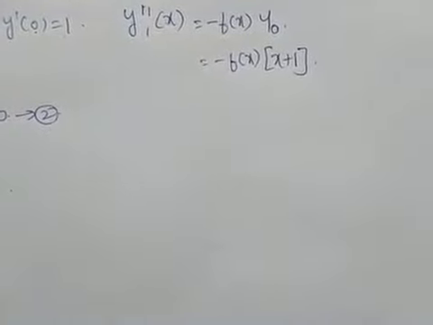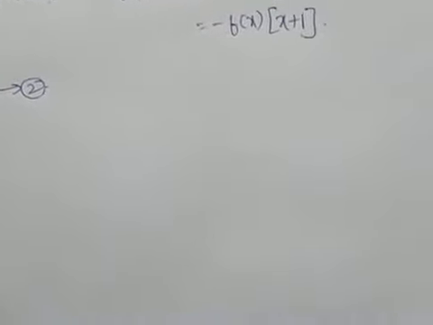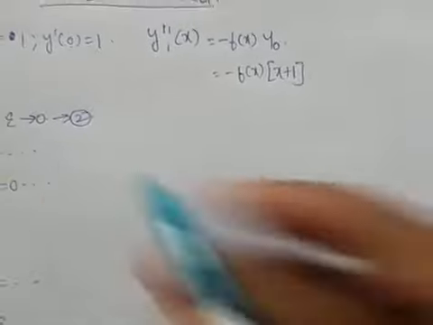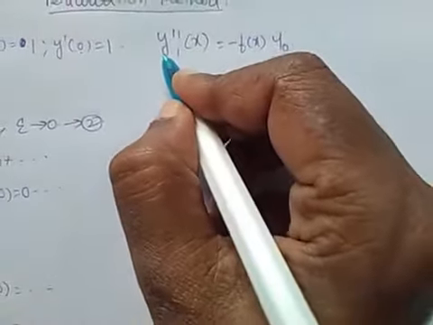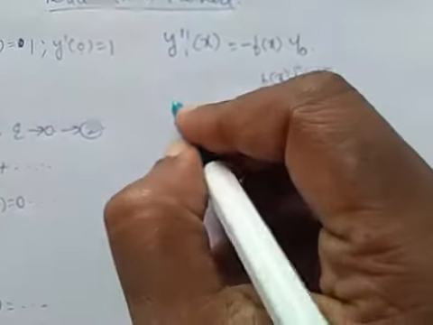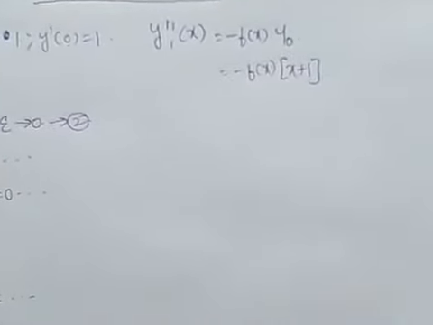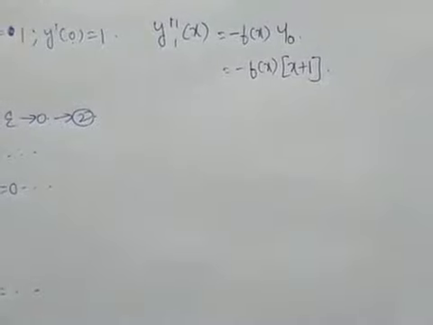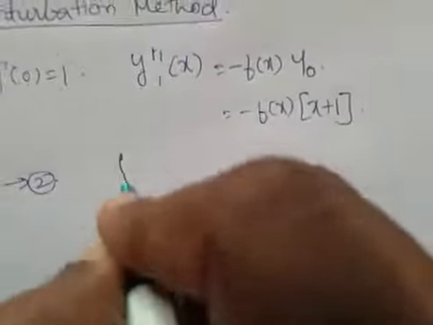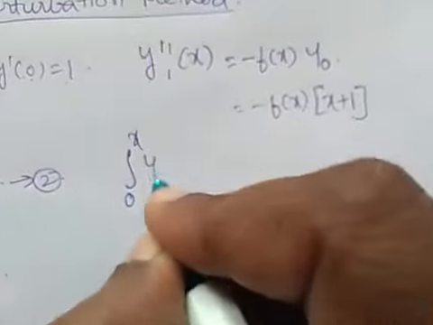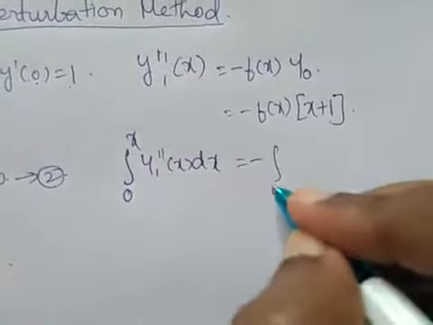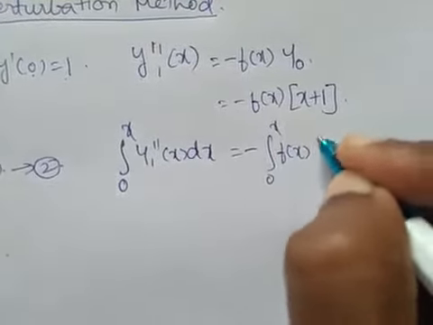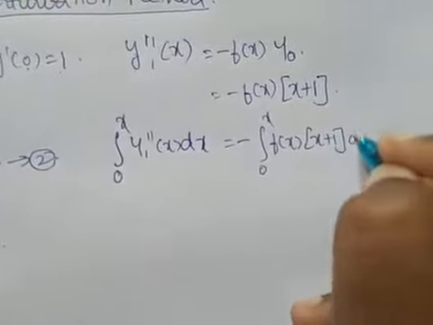So how to find the solution of this? We have to integrate it twice. When we integrate this once, what we will get? Integration of 0 to x, y1 double dash of x dx is equal to minus integration of 0 to x f of x into x plus 1 dx.